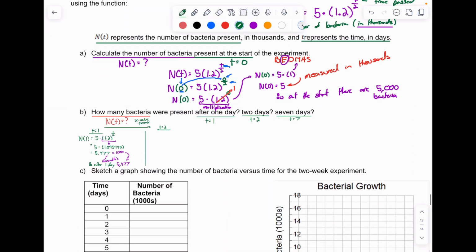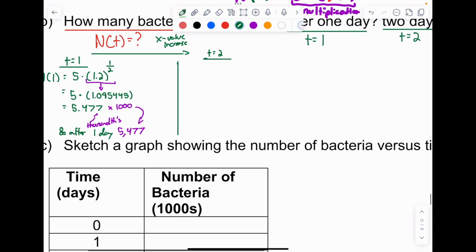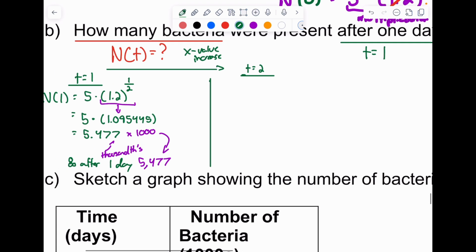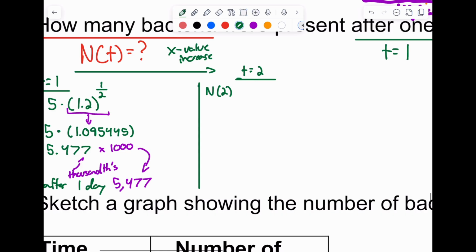So if our answer right here is a number that is bigger than 5,477, we are growing. We are increasing. Let's see. So we are evaluating our function n evaluated at 2. So this would be 5 multiplied by 1.2 to the power of 2 over 2, because we're substituting t for 2.